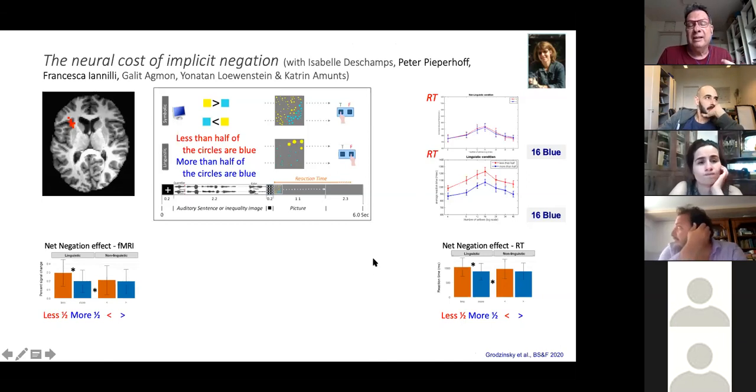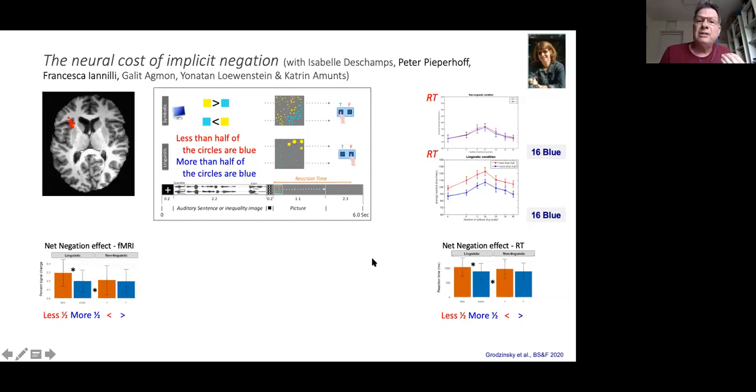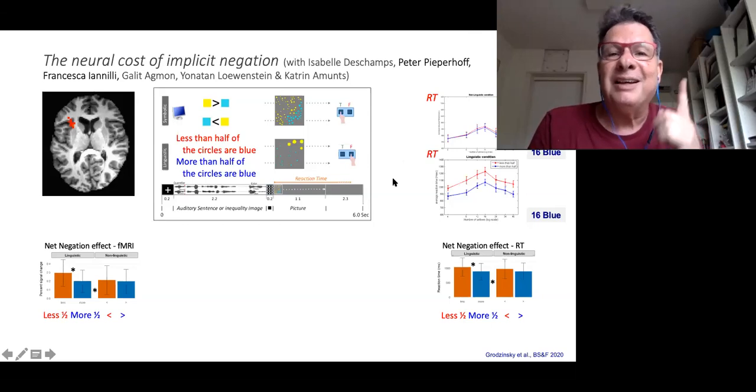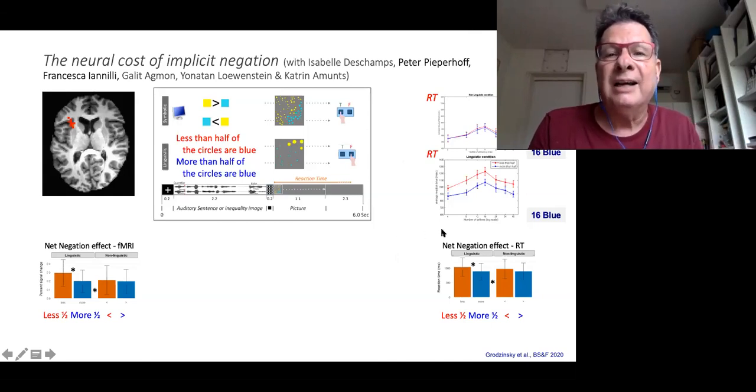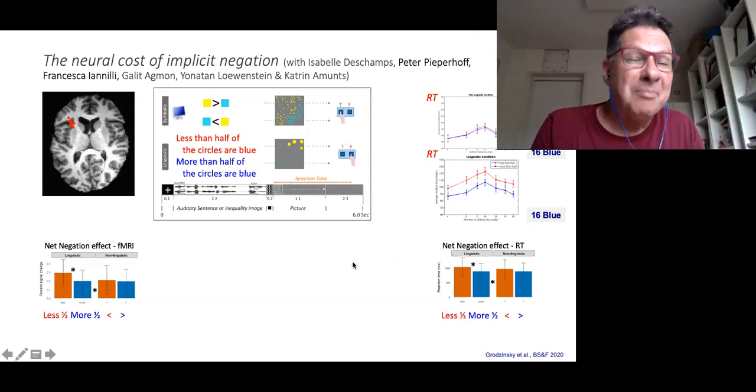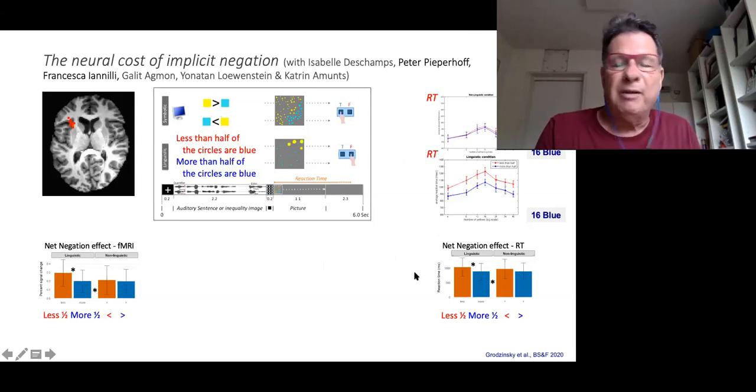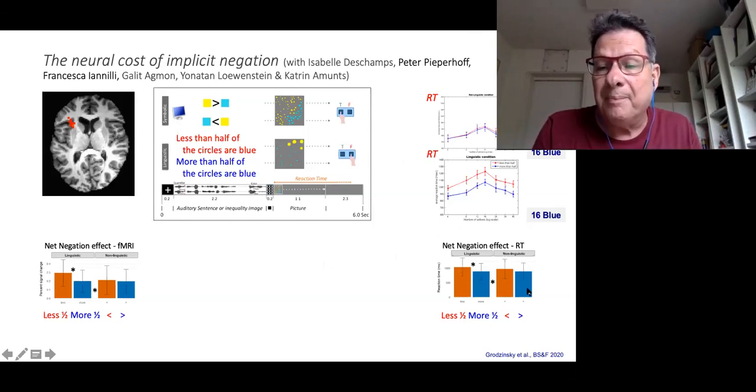In the reaction time study, there were 1,200 items, and participants came back to the lab 4 times. Some of them dropped out in the middle, even though they got the money only at the end. 50 Canadian dollars, it's not much, okay? Here we had just 1 session, so we had to cut down on items. We cut down a little bit, but we got exactly the same effect.